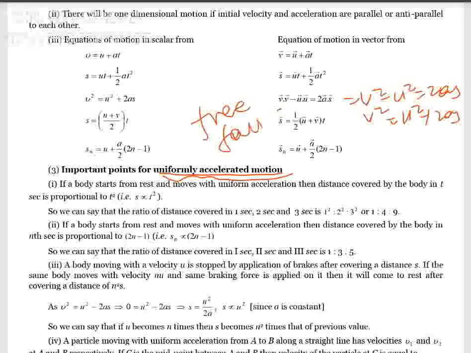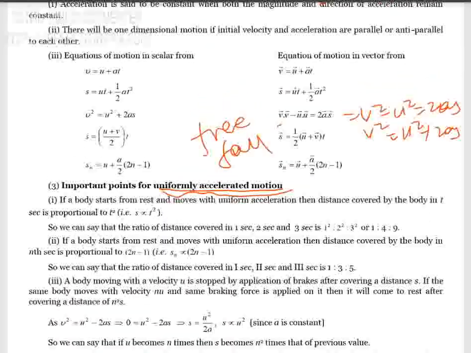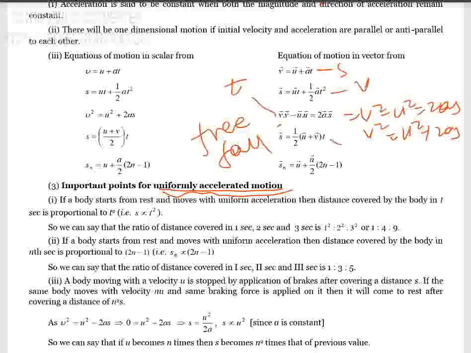Let us see free fall. Before that, the variables are 5. The first one misses s, and the second one misses the final velocity, and this one misses time, and this one misses the acceleration, and the last one misses u.